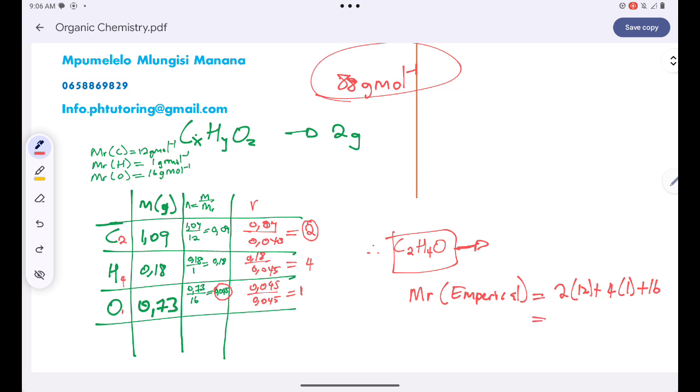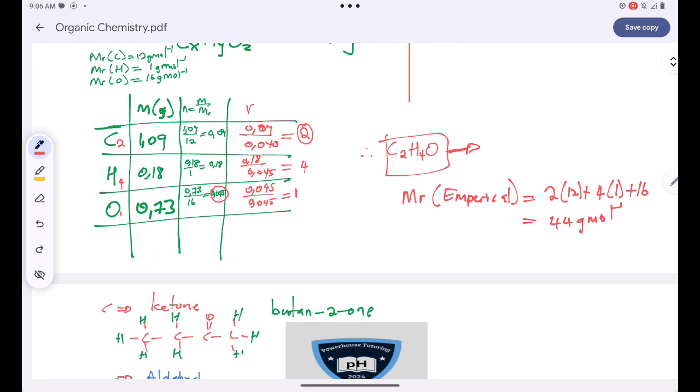This will give me 44 grams per mole. The empirical formula has a mass of 44 grams per mole, but the molecular formula has 88 grams per mole. So what I need to do is find the ratio of the two.